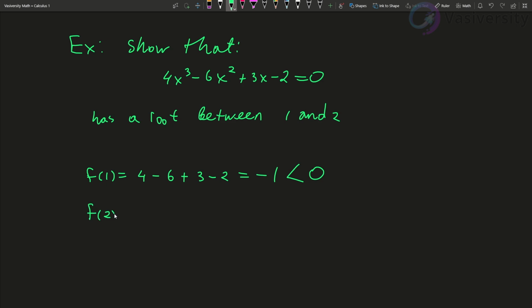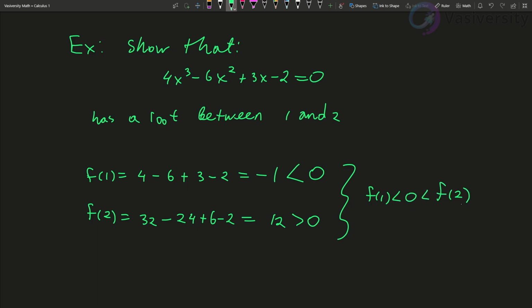And f of 2 is going to be, plugging in, 32 minus 24 plus 6 minus 2, which is equal to 12, which is greater than 0. So f of 1 is less than 0, less than f of 2, so we're crossing the 0 where the function is 0.